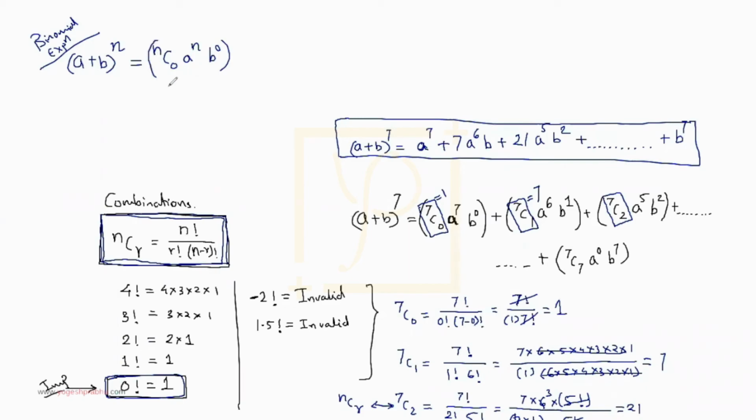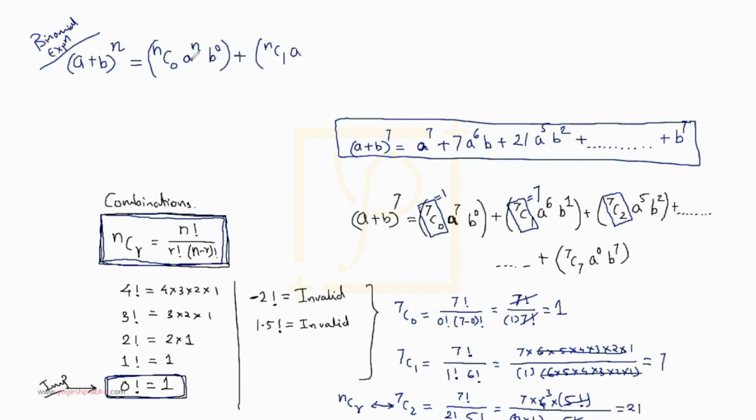That is the first term. I hope you followed this. First term will be NC0, A raised to n, the first term raised to n, and the second term raised to 0. Okay. The next will be NC1. Do you see, like 7C1, we have NC1.